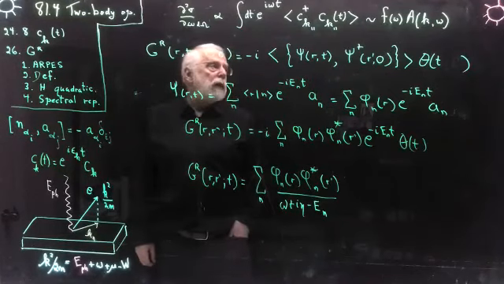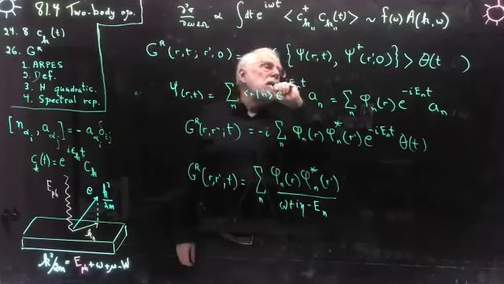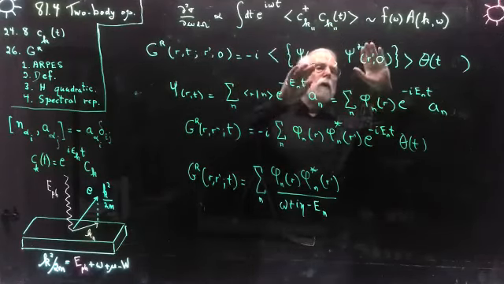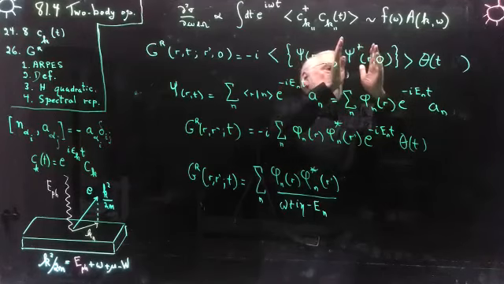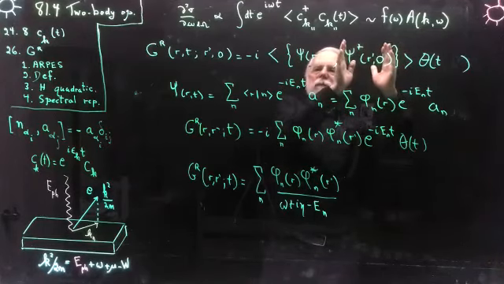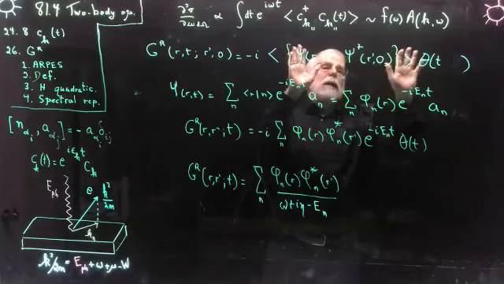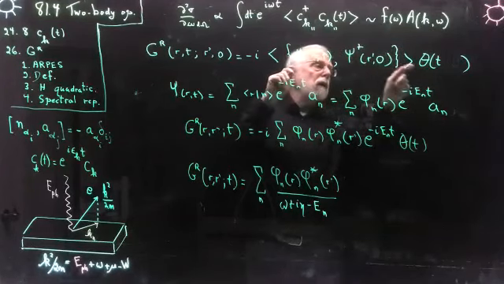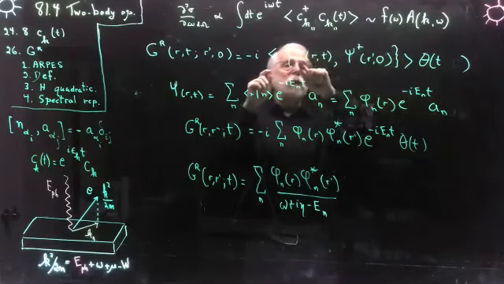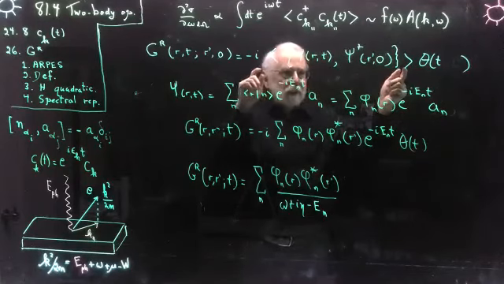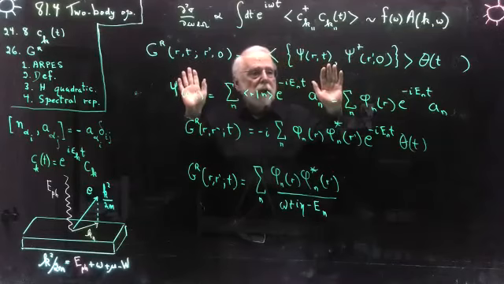And now one way to think about this, if you compare with this, is that in the one particle case we can only create on the vacuum, and when we destroy, it gives 0. When we have many body states, you can create in the ground state, but you can also destroy on the ground state because the ground state can contain many particles.